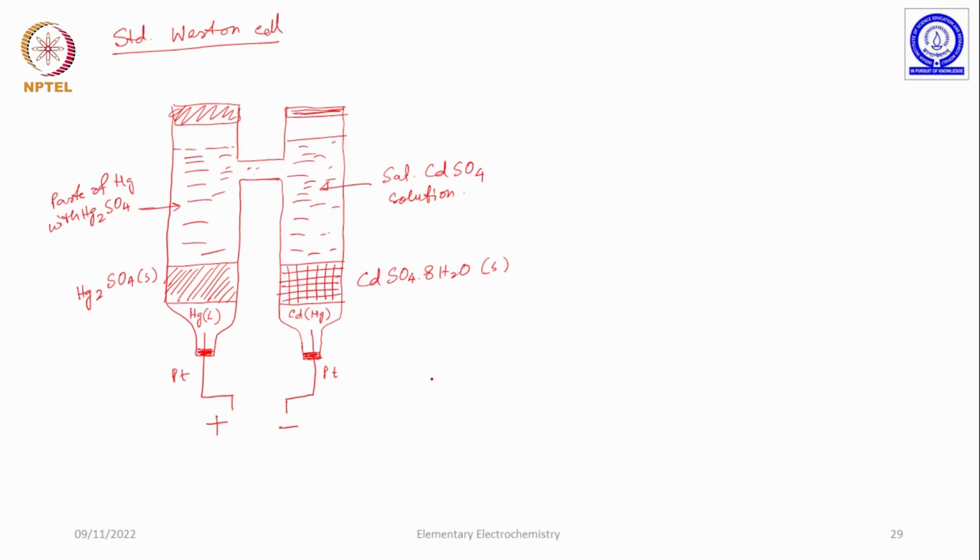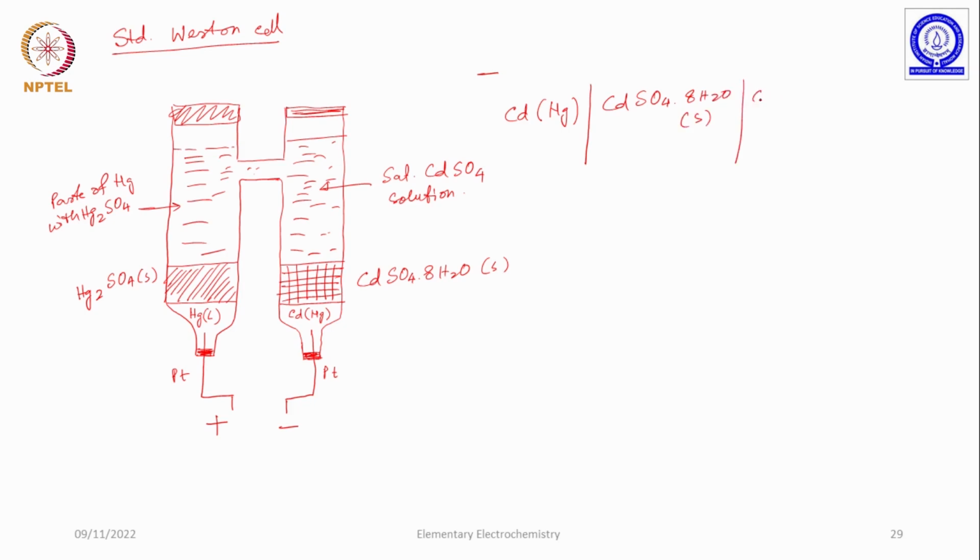So, if you want to write down this cell in one line, then one should write it like this. You know, cadmium amalgam is here, it is the negative electrode. So, the negative electrode is always written on the left hand side. Then you have the cadmium sulfate, 8H2O solid.